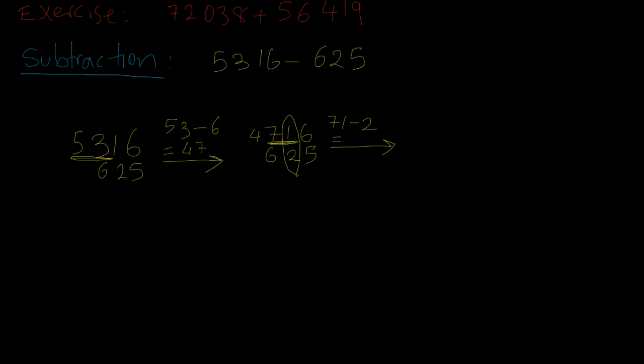So 71 minus 2 is 69, and we replace the middle 71 with 69. Finally, we are up to the last digit. We subtract 5 from 6, and that's pretty easy. It is 1. That means we replace this final 6 by 1.